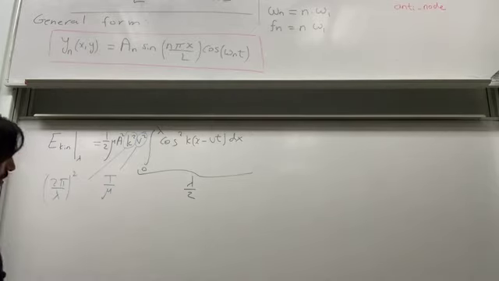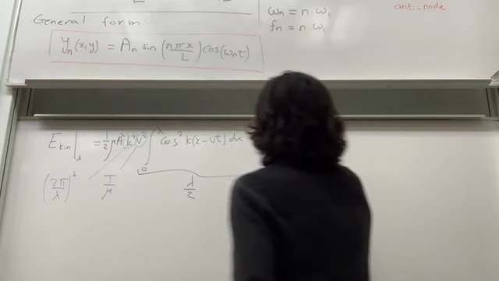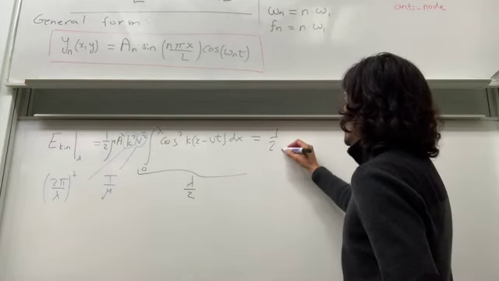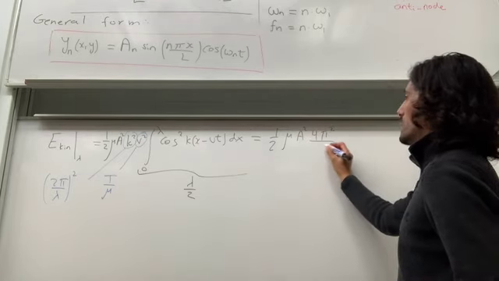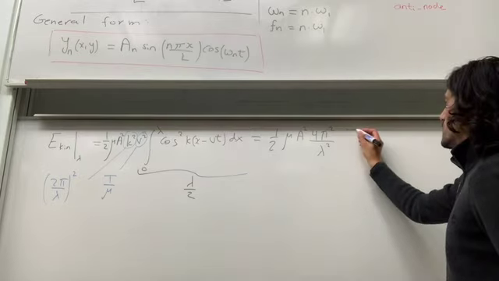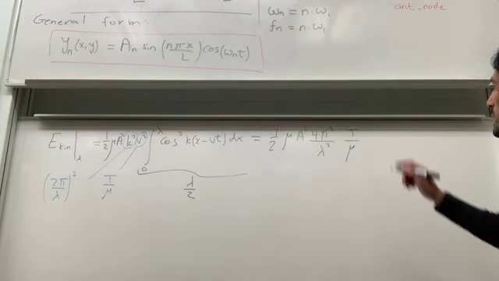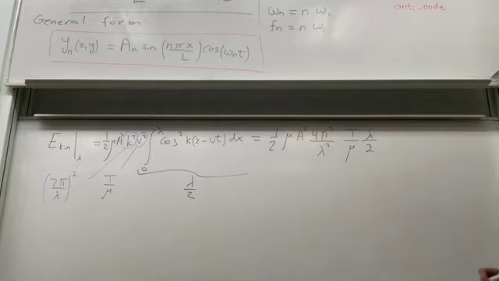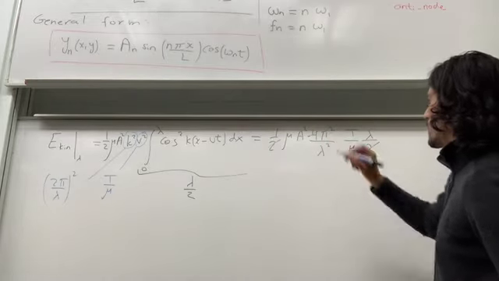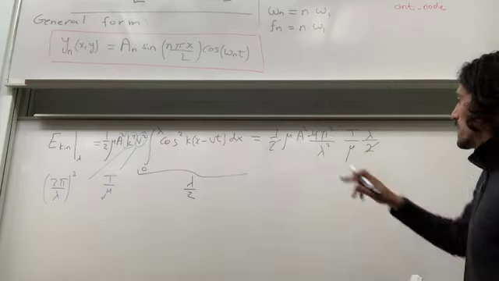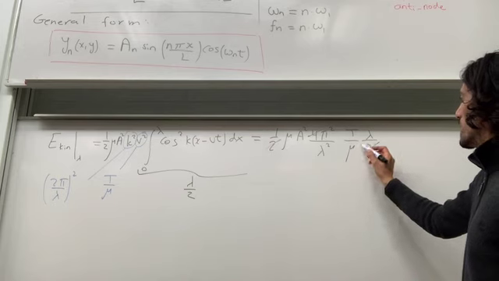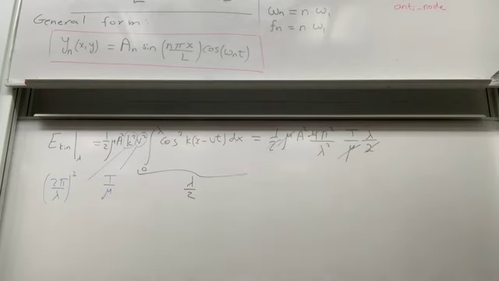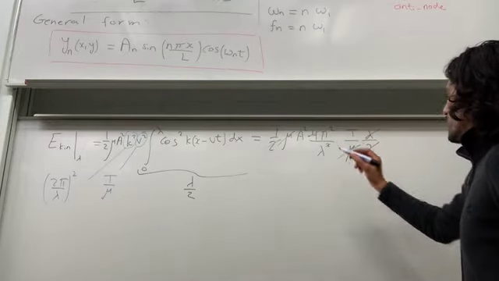So let's substitute all these together. We have half mu A squared, 4 pi squared over lambda squared, T over mu, lambda over 2. I lose the 4 here with the 2, another 2 here. This is also cancelled, and we lose one lambda here.